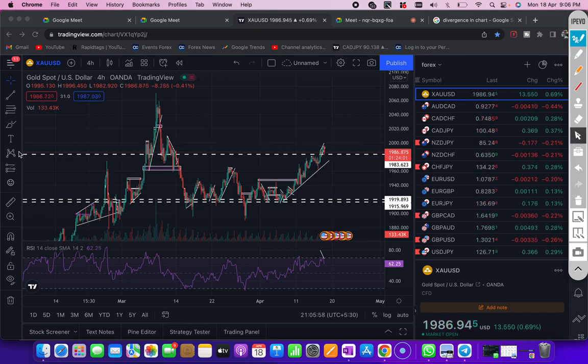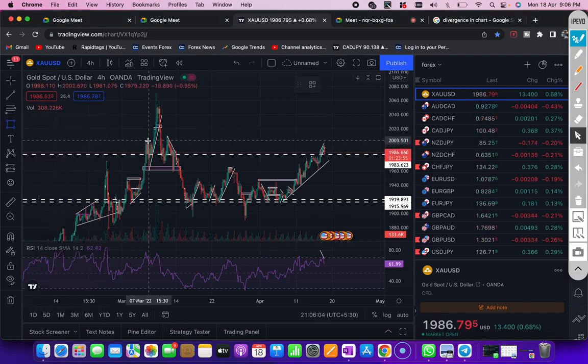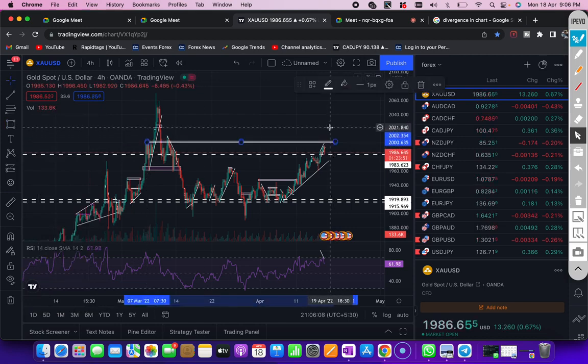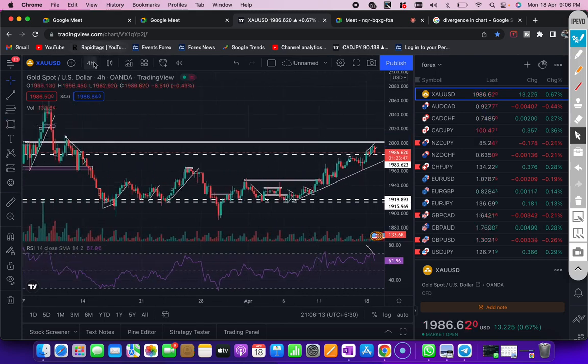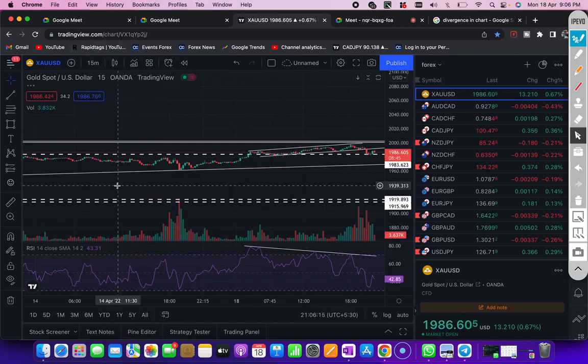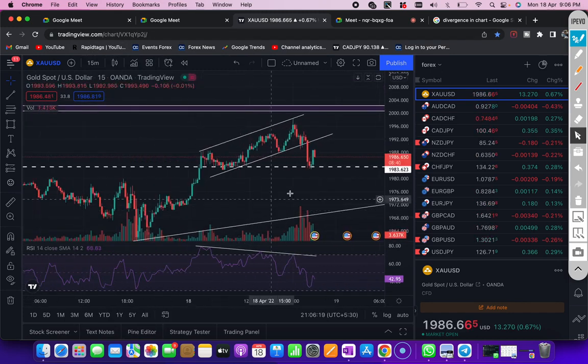If we draw a line in a higher time frame and reduce the time frame, obviously the line will stick to it. I have drawn this on the 4 hour time frame, and now I'll reduce it to the 15 minute time frame. So we just have it.